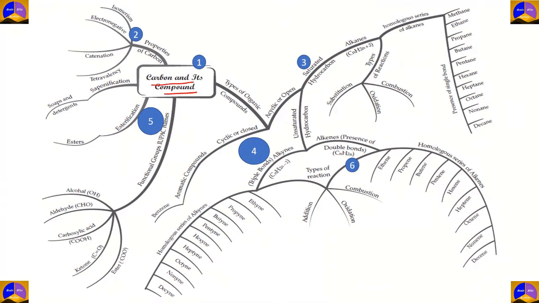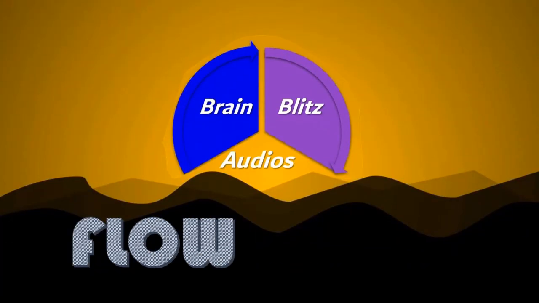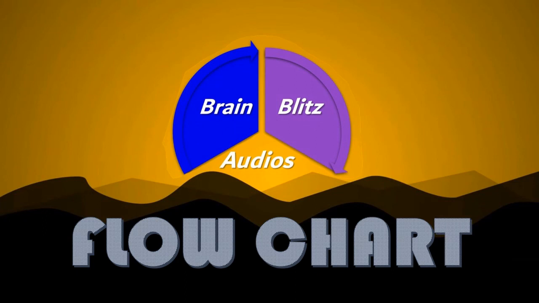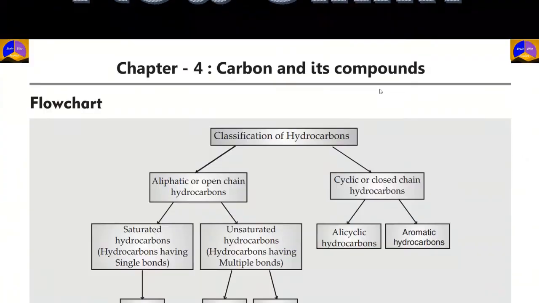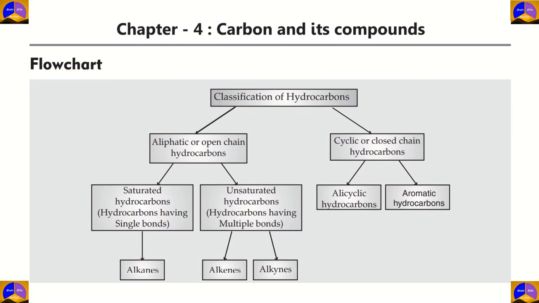Mind maps are very key in last-minute revisions for exams. However, if you really want a more comprehensive idea, you can always refer to a flow chart. In a flow chart, the concepts are arranged in a chart which gives you a flow of ideas of what each topic is supposed to give you.